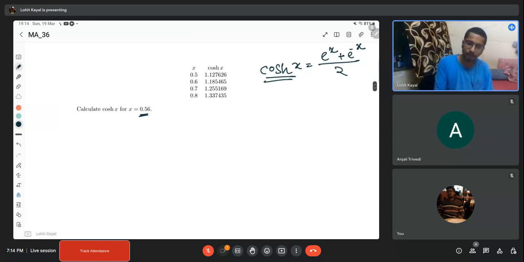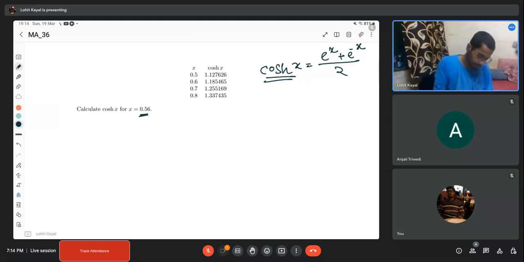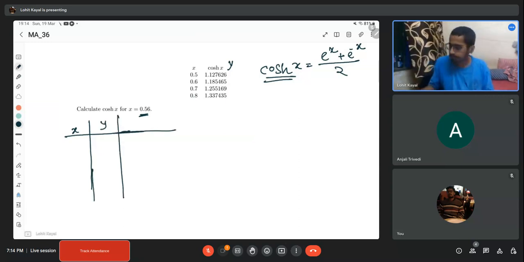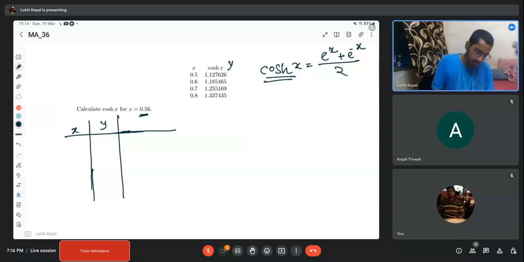Here there are 4 data points. That means the order of polynomial will be 3, so maximum we can get delta cube of f naught. So x, and I am naming this as y. Right, so first let us find the value of p.